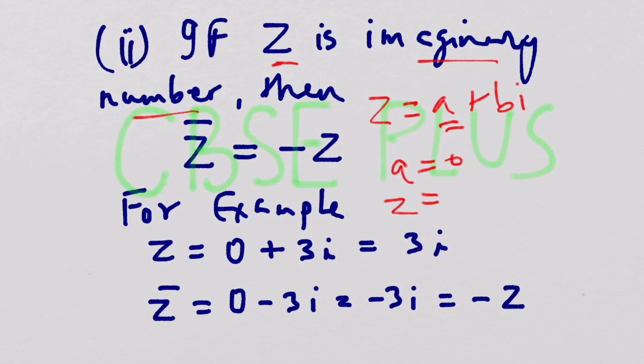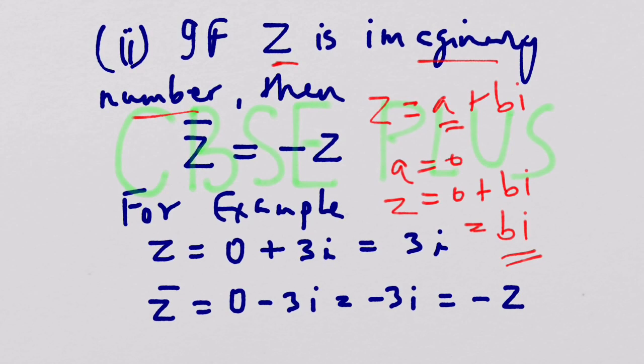So z is equal to 0 plus b iota, which is b iota. We don't write 0. So in the case z equal to b iota, the conjugate of z will be the negative of z.